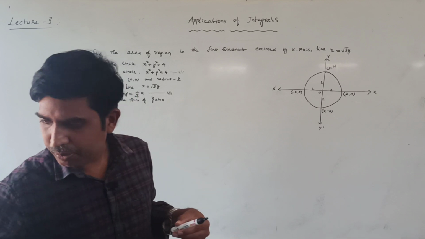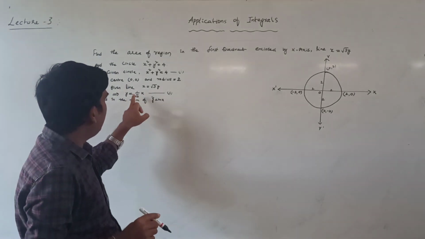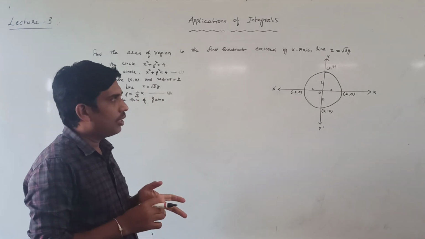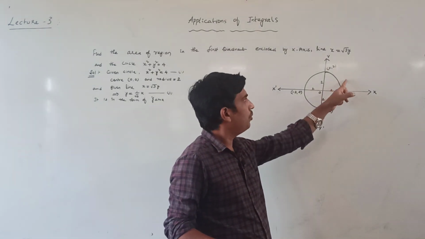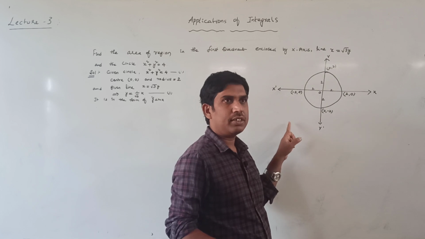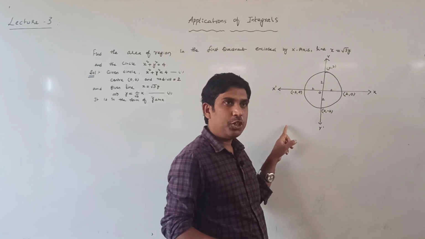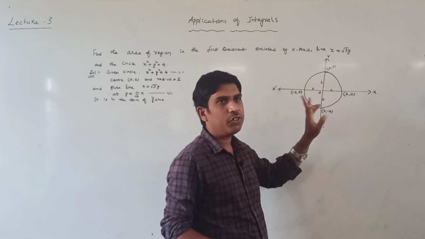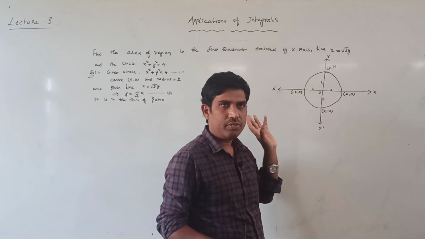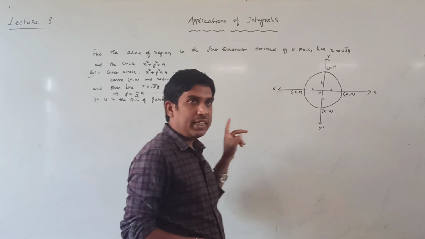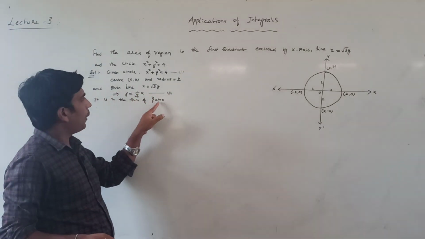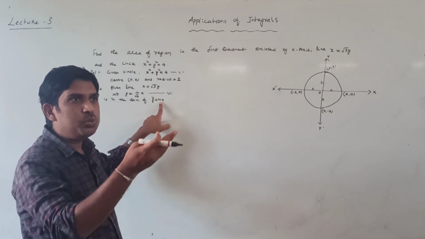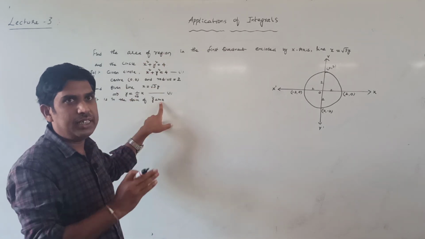Which one we have to consider depends on the m value. If m is positive, the line passes through the first and third quadrants.